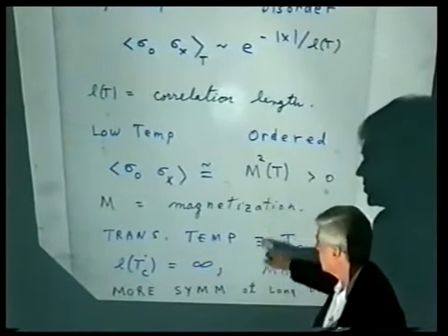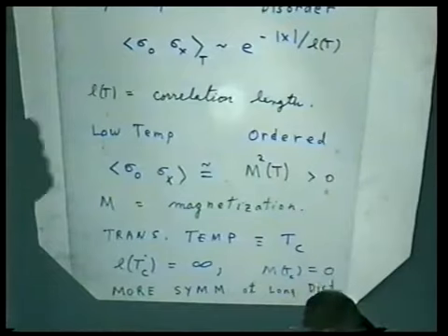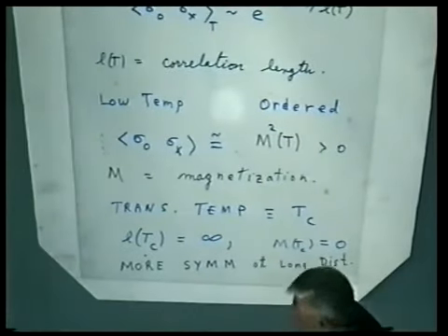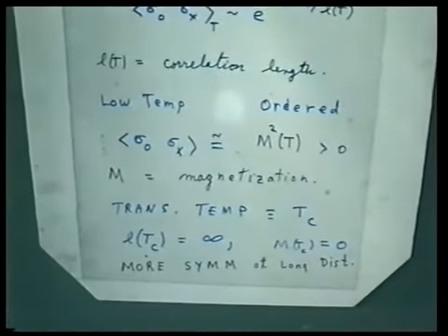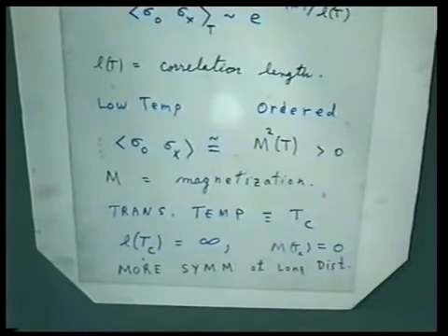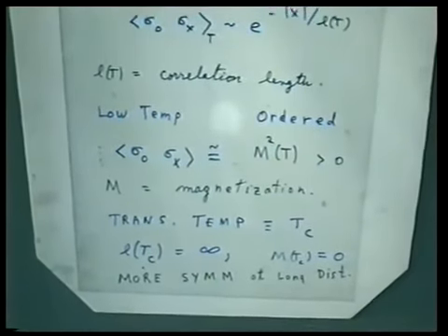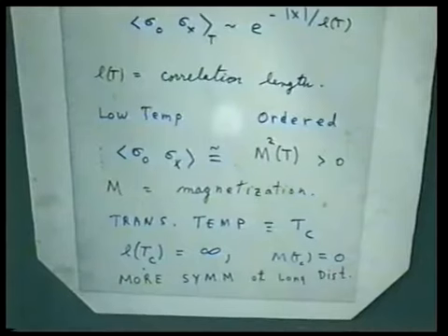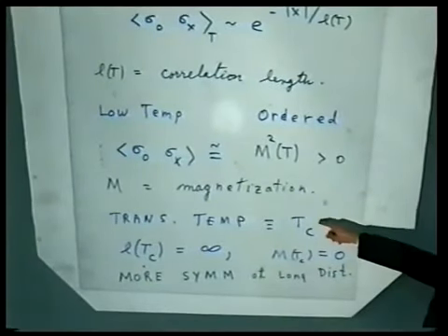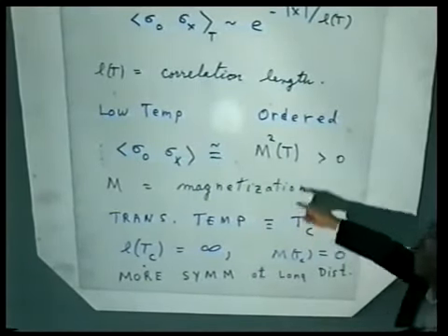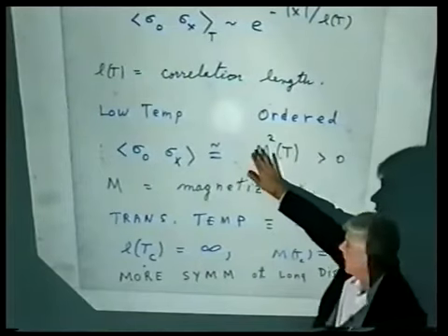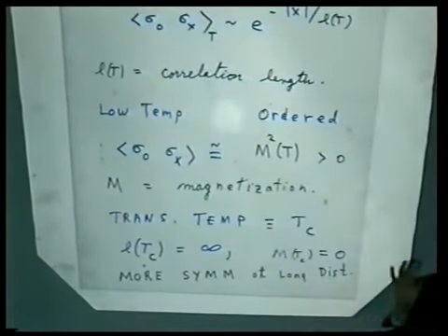So this is the magnetization. Now the transition temperature is a temperature in between high and low temperature. Generally speaking, not always, it's believed to be a unique temperature, and it's called a critical temperature. And at this point, the magnetization vanishes. That's the nature of a second order transition.